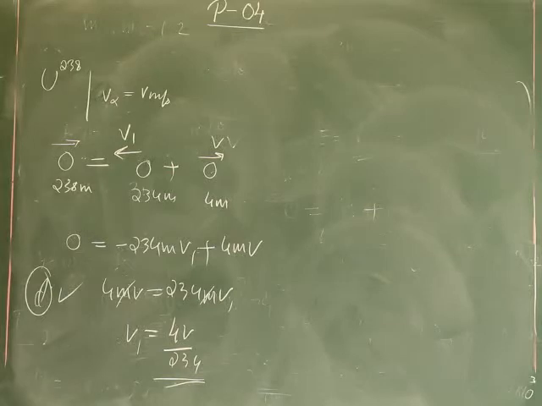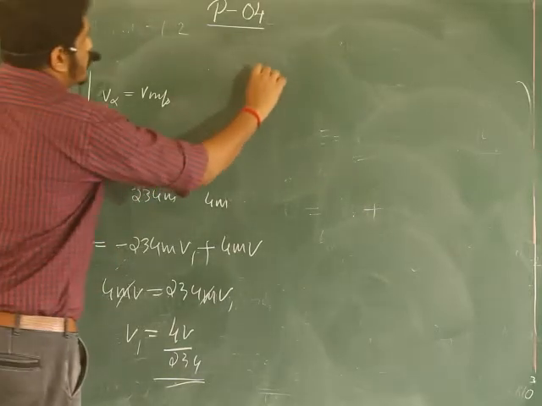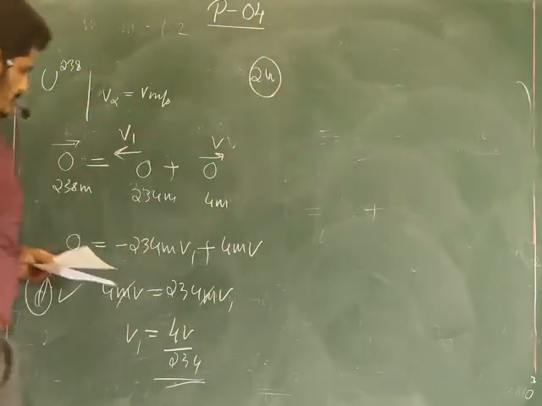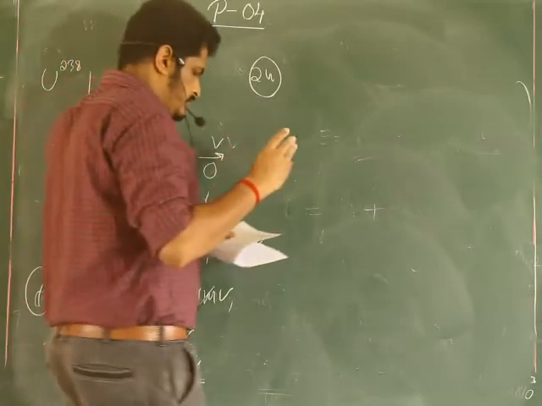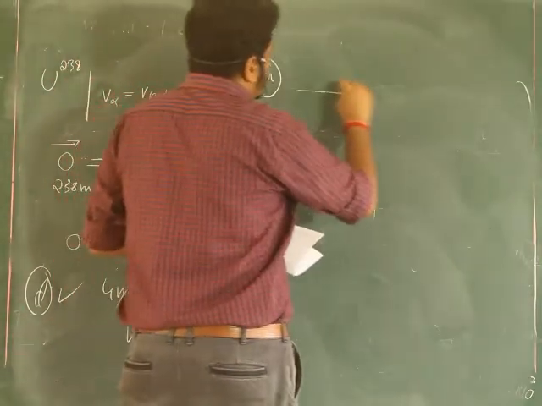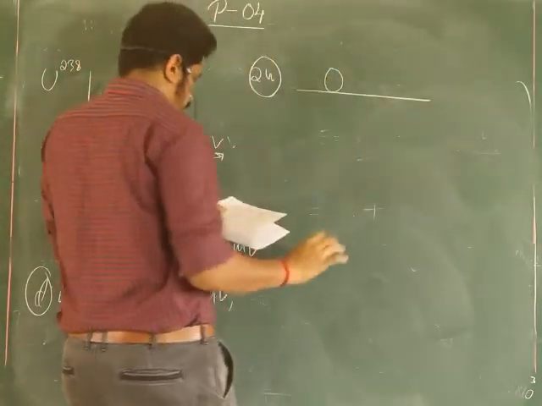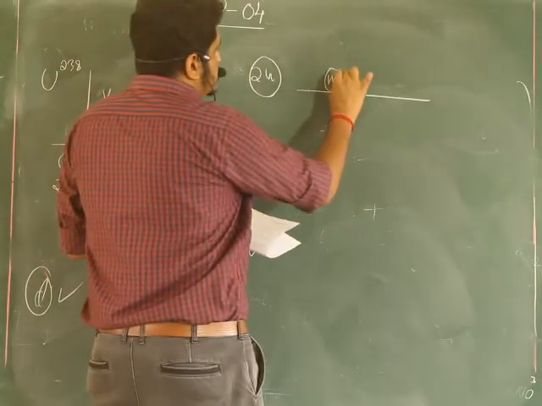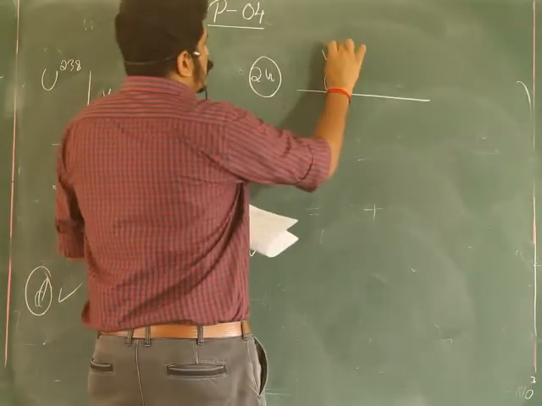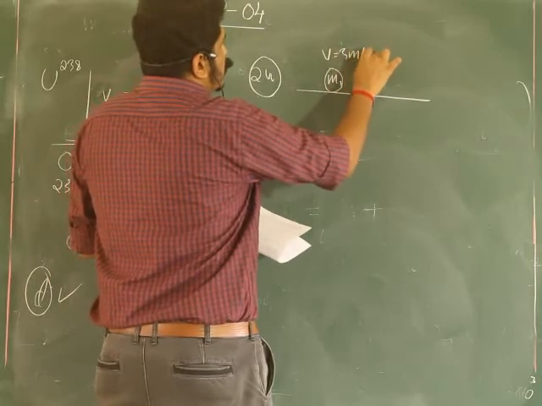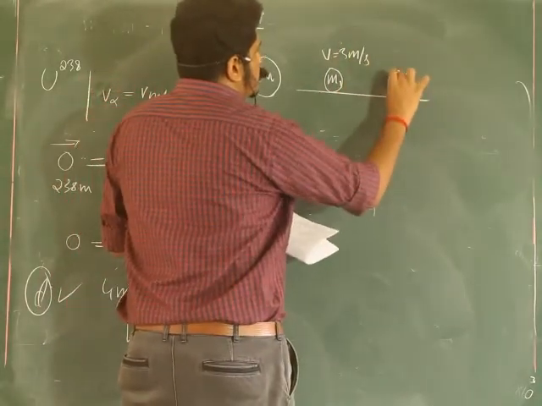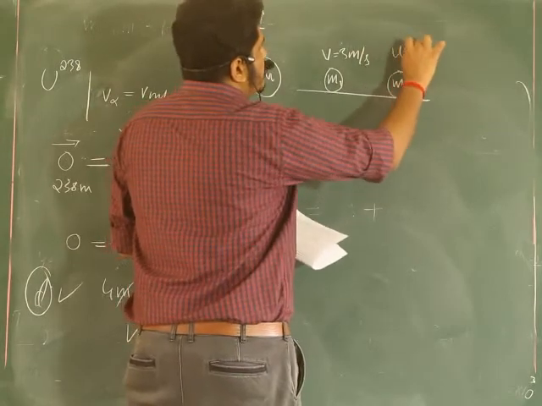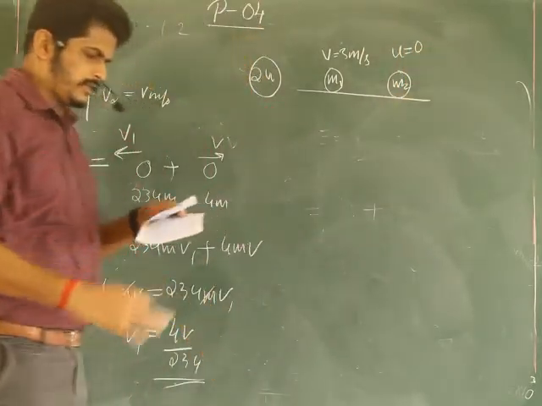Next, 24th question. A body of mass m1 moving with velocity 3 meter per second collides with another body at rest. So m2 has initial velocity equal to 0, which is at rest.